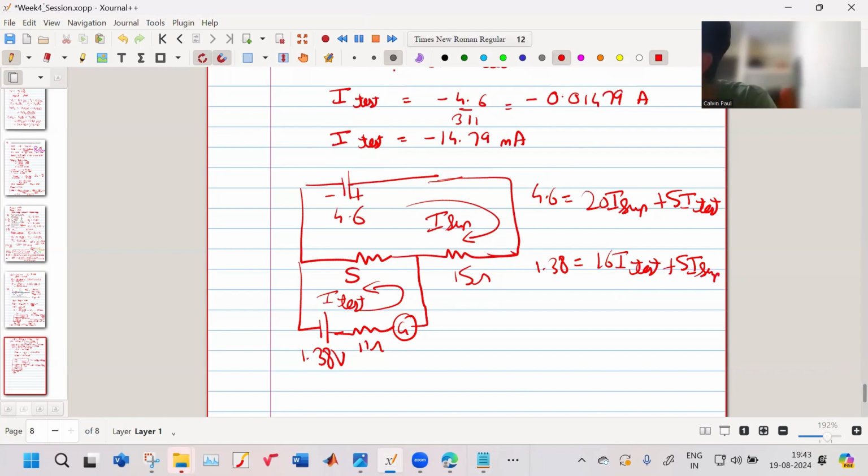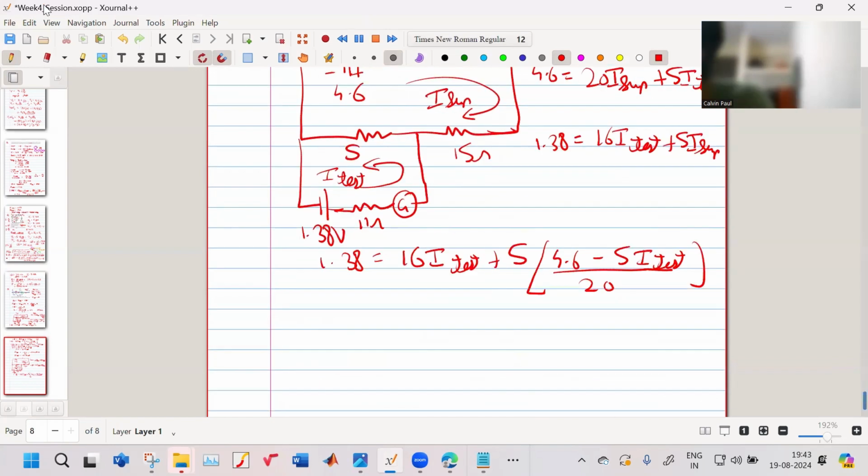Okay. So we need to find I test. So 1.38 is equal to 16 into I test plus 5 into I supply, which can be written as 4.6 minus 5 I test upon 20 I supply. Okay. So 5 and 20 becomes 4.